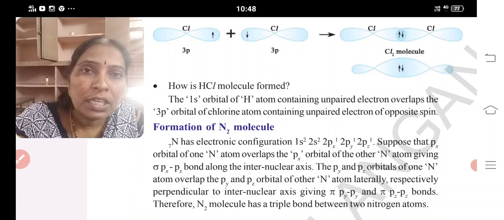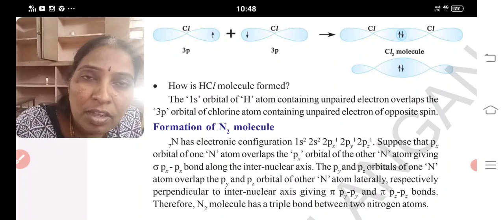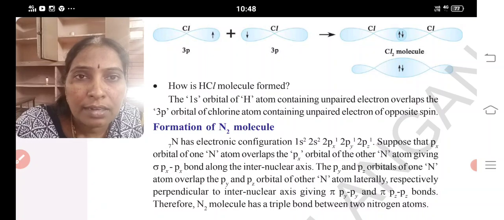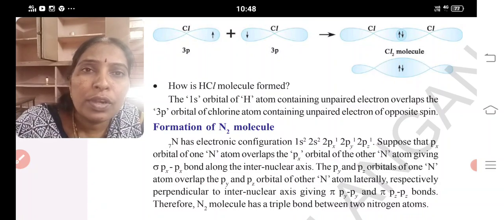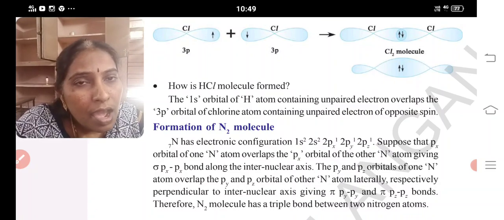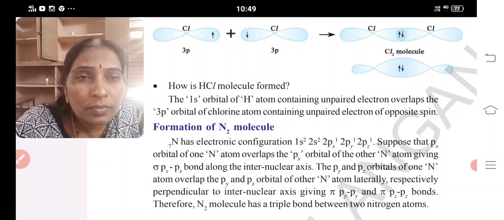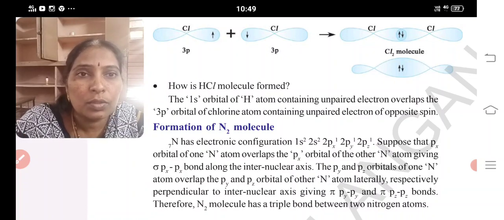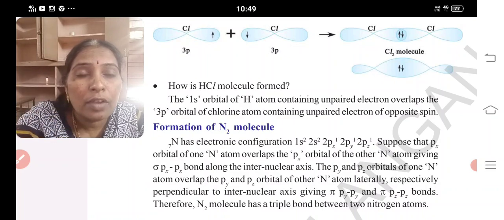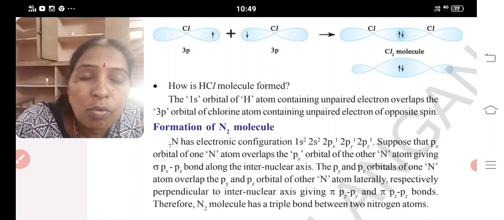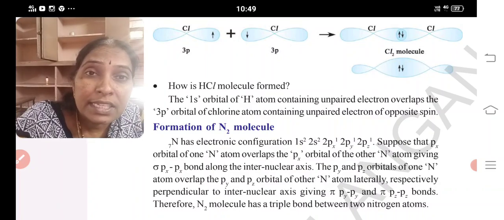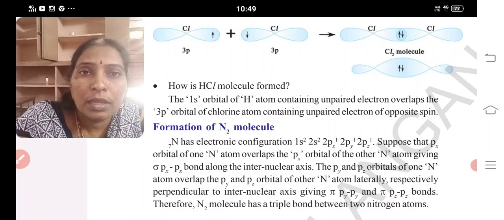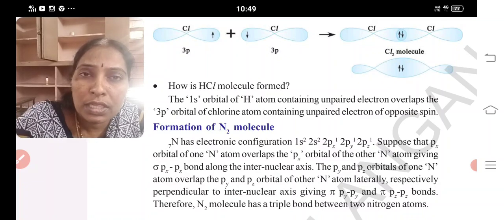By participating in a chemical bond, it may share the electron or transfer the electron. If they share electrons, the bond formed is called a covalent bond. If a bond is formed by transferring electrons, it is called an ionic bond. And we discussed bond length also. The distance between the nuclei of two atoms in a chemical bond or in a covalent bond is called the bond length. And why is there a difference in the bond angle or bond length before and after bond formation?